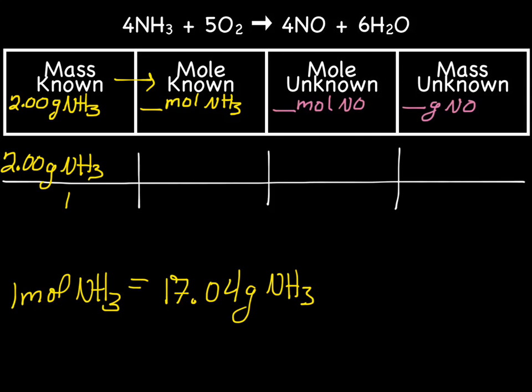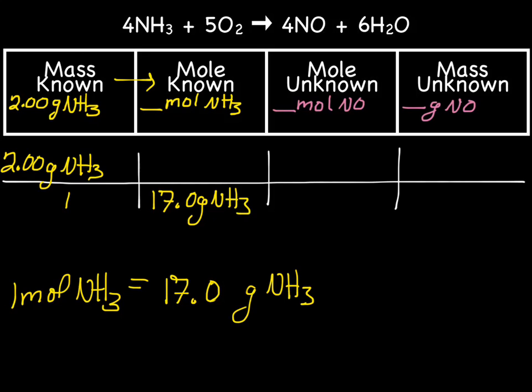If we look at sig figs, 14.01 for nitrogen is 4 sig figs. Hydrogen has 1.01, 3 sig figs. So our mass will be 17.0 grams NH3. We'll put that on the bottom.